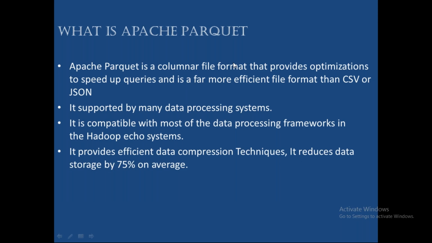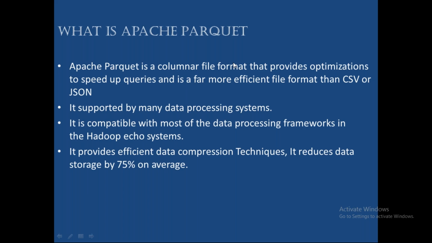Next, it provides efficient data compression techniques. Data compression means whatever data you are storing in a Parquet file format, that data will be compressed and stored. It will not store like how you store your data as CSV, right? CSV data will be stored as it is. There is no compression technique. But Parquet has different compression techniques.